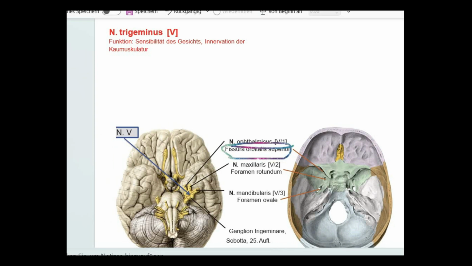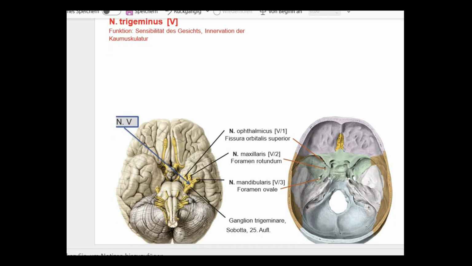The second one is called the maxillary nerve, in particular through the foramen rotundum, and the last one is called the mandibular nerve, especially through the foramen ovale.